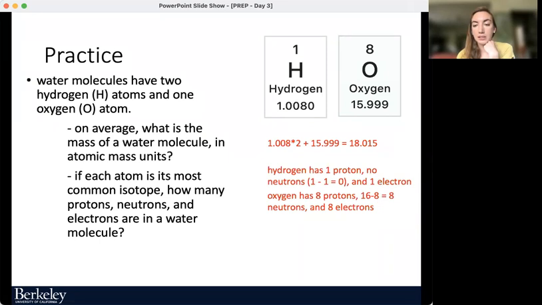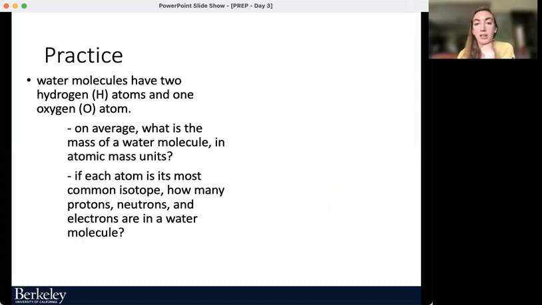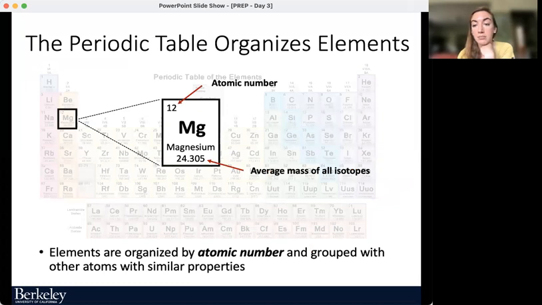Just to go back to the question about rounding, in this case, almost every oxygen atom is 16. So if you used 16 instead of 15.999, basically nothing would change. But if we go back to magnesium, magnesium has an average mass of 24.3.